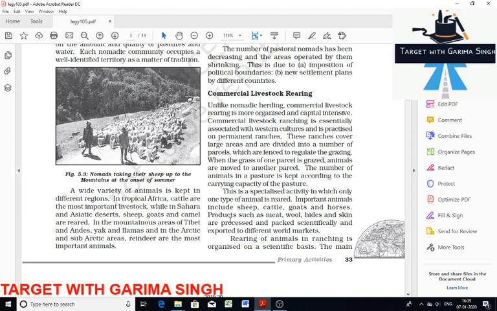Animals are moved from one parcel to another, and the number of animals kept is based on the capacity of the pasture. Animals are sheep, cattle, goats, and horses, and products are meat, wool, hides, and skin. This is practiced in New Zealand, Australia, Argentina, Uruguay, and the USA.